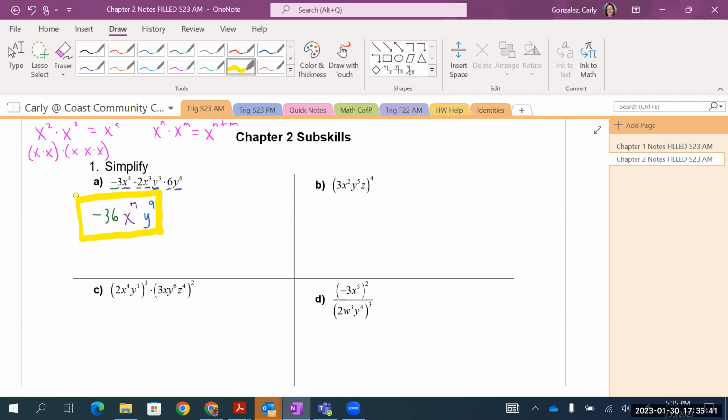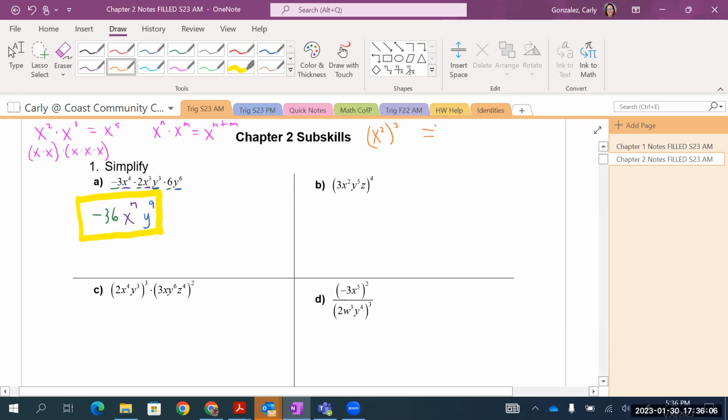Now, on part B, we have the quantity 3x squared y to the 5th z, all raised to the 4th power. Again, let's explore for a moment. I'm going to take something like x squared and raise it to the 3rd power.